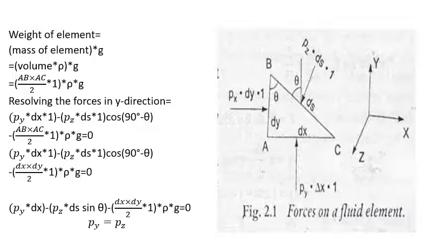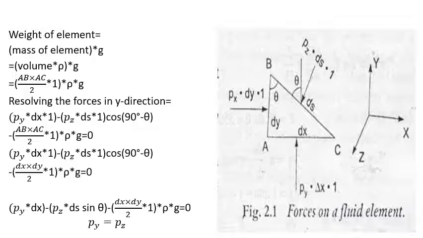The pressure force is acting in the upward direction, but the weight of the fluid element is acting in the downward direction. For that reason, the weight of the element is subtracted, in opposition to the direction of y. The weight of the element is half into AB into AC into 1 into rho into g.